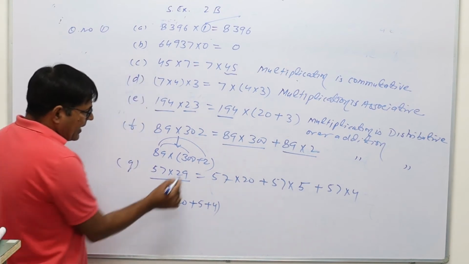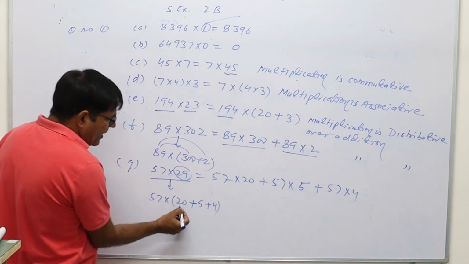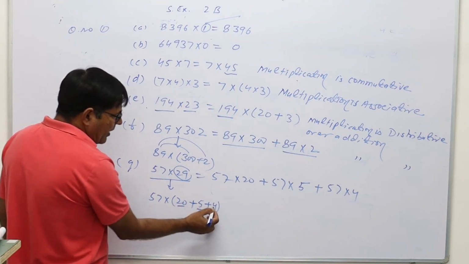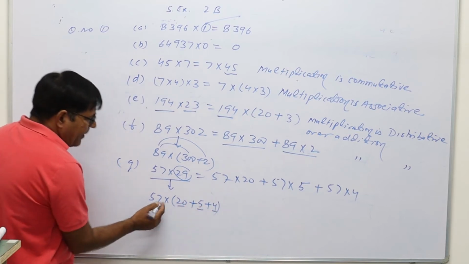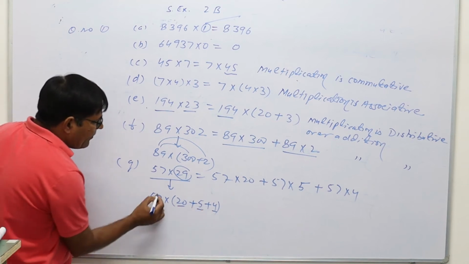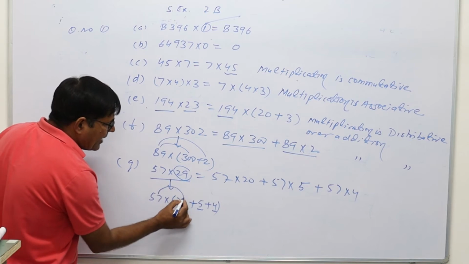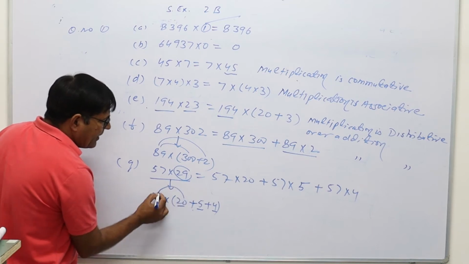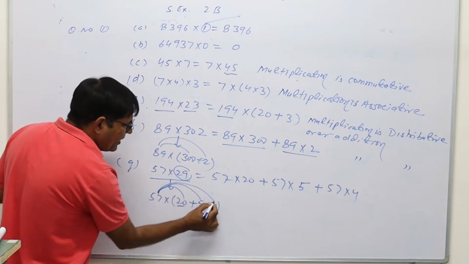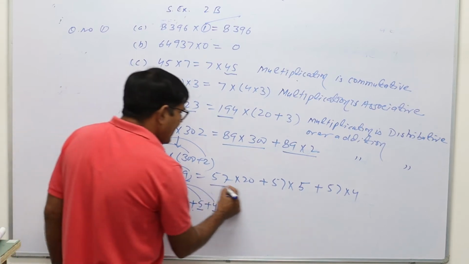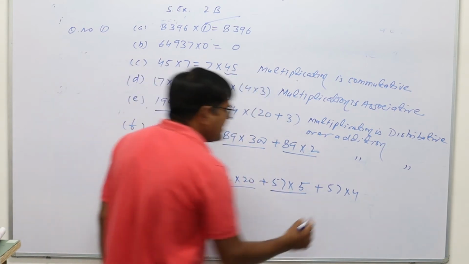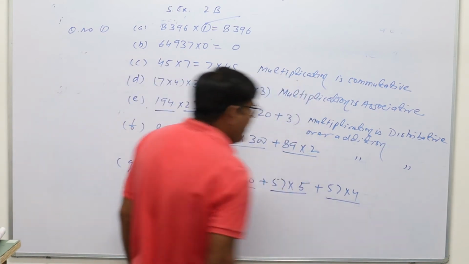So this 29 can be written as 20 plus 5 plus 4. So 20 plus 5 plus 4 will be 29. Now if 57 is multiplied with the addition of these three numbers, then first we can multiply 57 by 20, plus 57 multiplied by 5, plus 57 multiplied by 4.